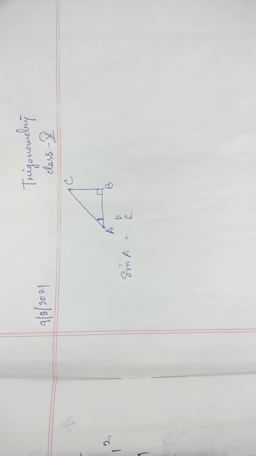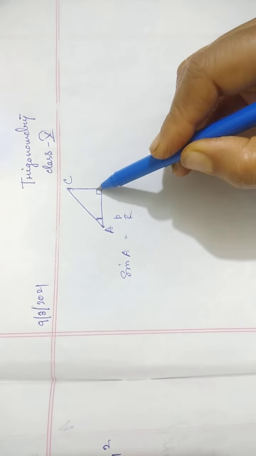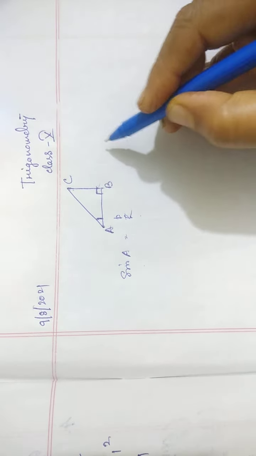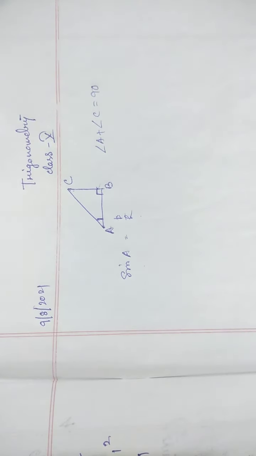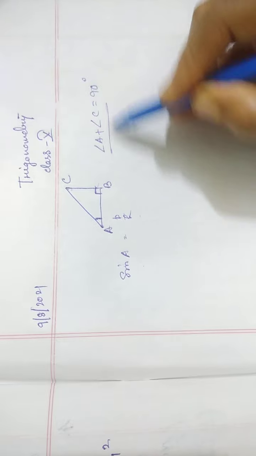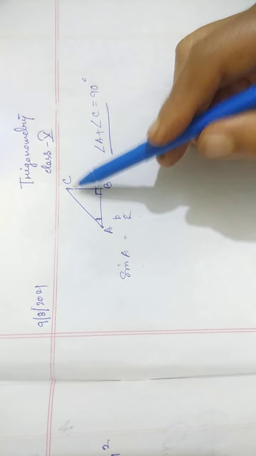Now see here, which angles are complementary? Angle A and angle C, because if angle B is 90 degrees, then angle A plus angle C equals 90 degrees. So A and C are complementary angles.